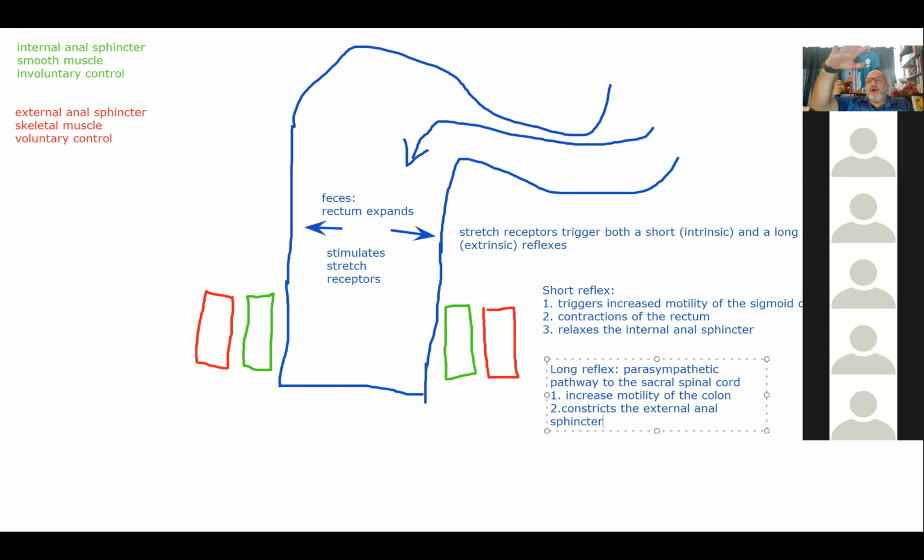Now, we are born with this reflex. However, as an infant, is our external anal sphincter necessarily strong enough to be able to hold back the forces of that? No. It takes time to strengthen and gain that control of that external anal sphincter.